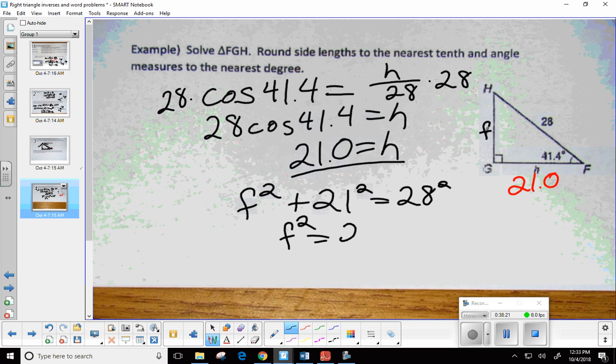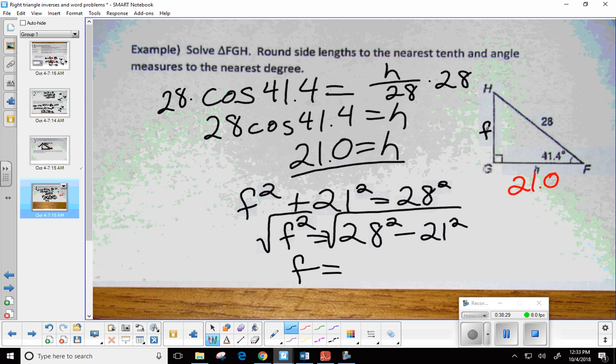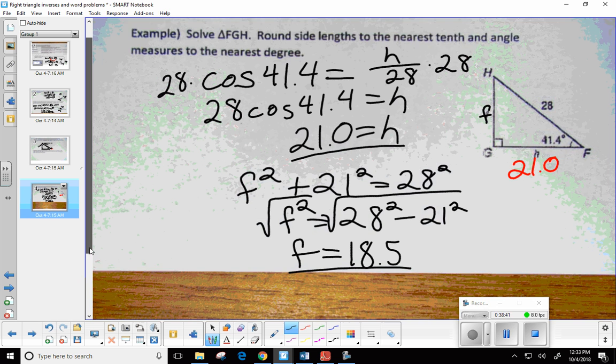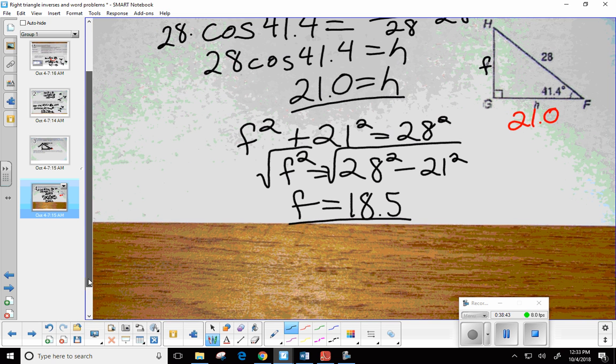F squared equals 28 squared minus 21 squared. Then we take the square root. And so F equals, once we plug it in, 18.5. Okay, cool.